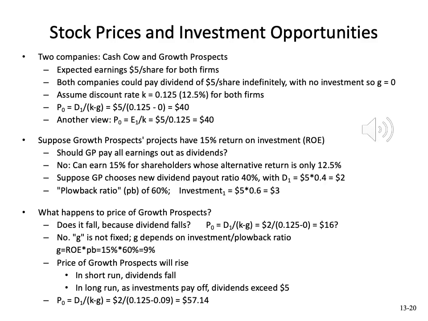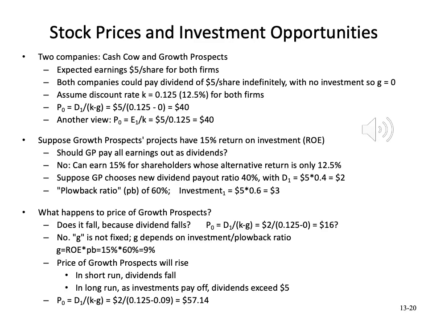G equals 0 in the first case because you didn't make any investment. But here, the new investment has a return on equity of 15%. The plowback ratio is 60%, so G is 9%. 15 times 60% equals 9%.